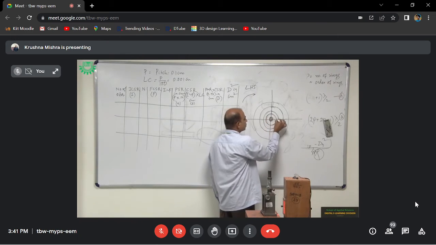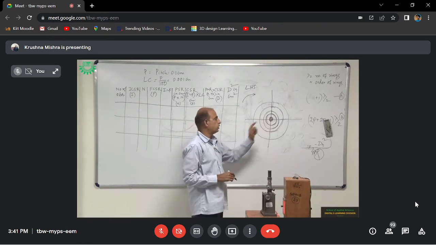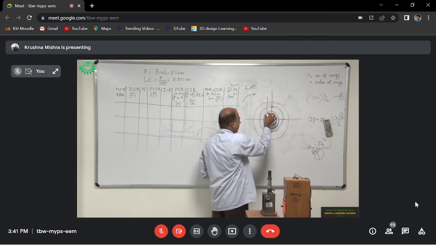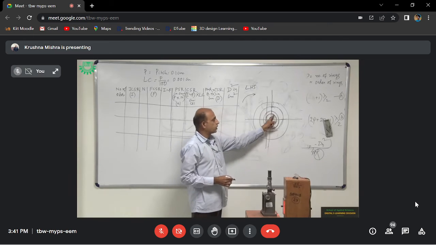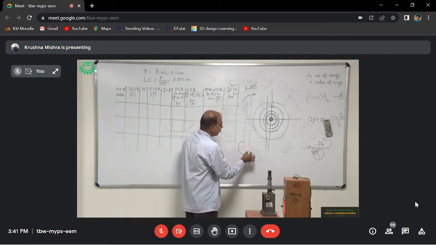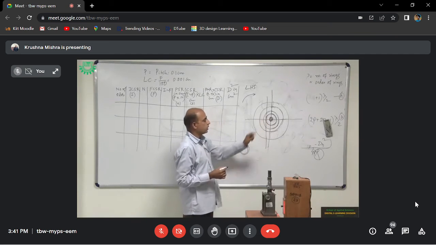Suppose this is the first bright ring or dark ring, whatever we take, and get it to coincide exactly tangentially at the outer periphery of the ring, because I have already told you each ring has some width, and this width goes on decreasing as you go away from the center.